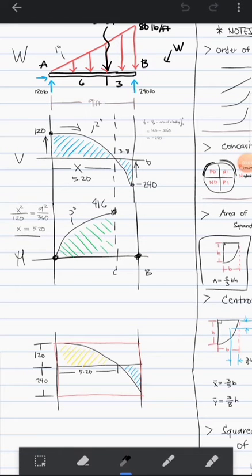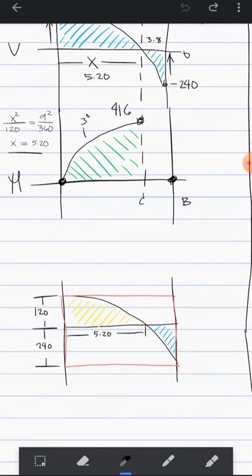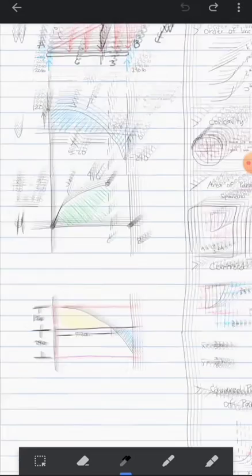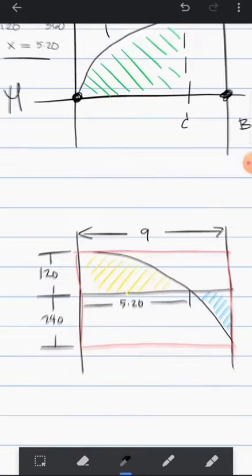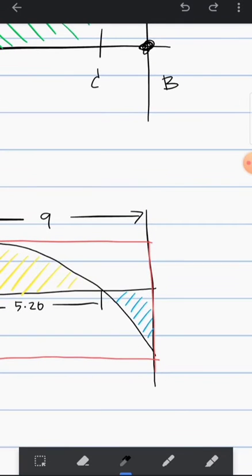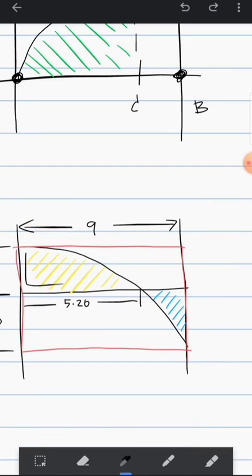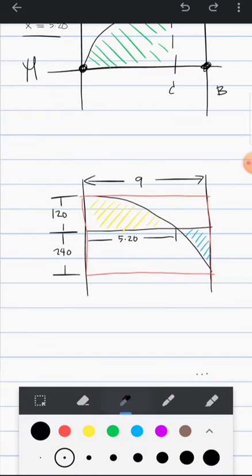To find this small area, the trick is we find the area of this big rectangle, 9 feet, and subtract the spandrel, and we get this small region. Hopefully you can follow.